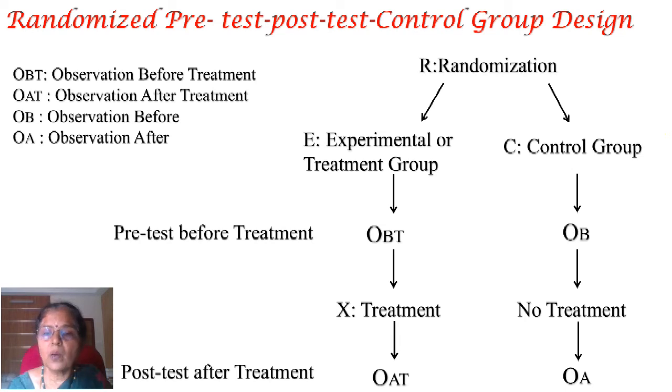And the third component is randomization. So we have followed randomization in sampling and randomization in assignment. So this is an example of a true experimental design, and this type is called the randomized pre-test post-test control group design.